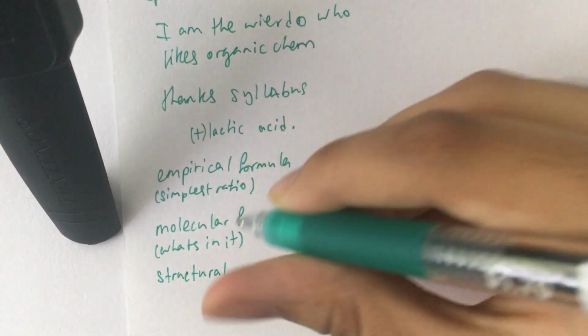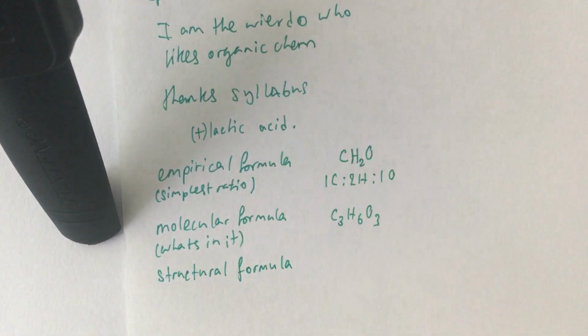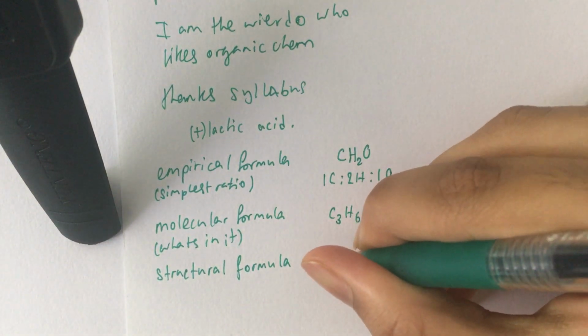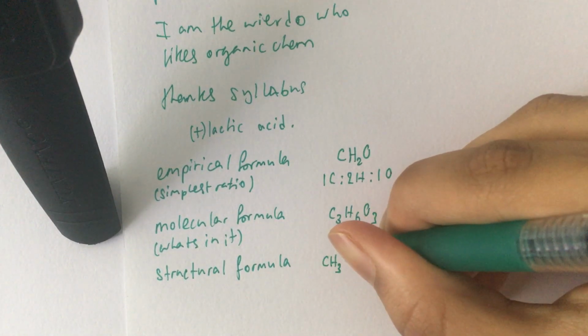So what makes lactic acid? Well, the structure of these particular atoms. And for that we look at the structural formula, which shows how the constituent atoms of the molecule are joined together, without showing it in great detail.